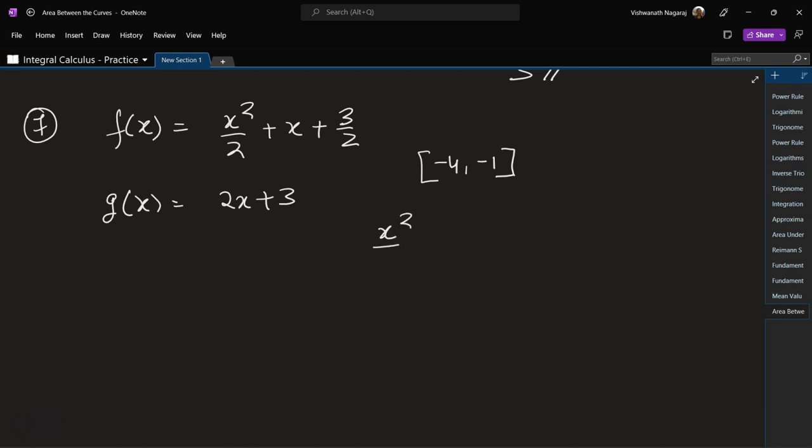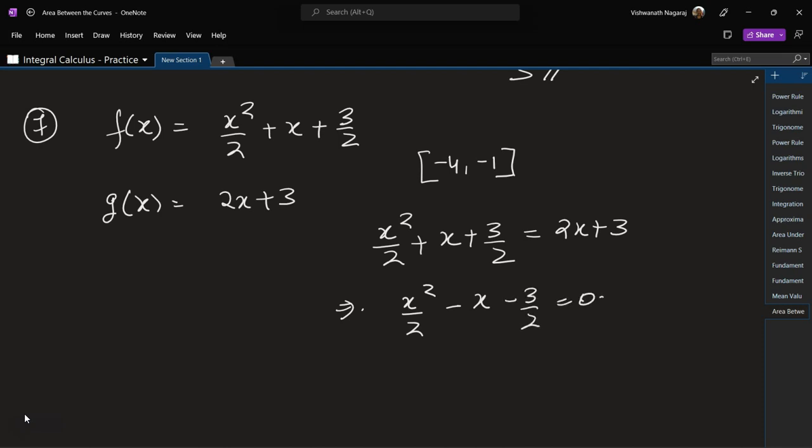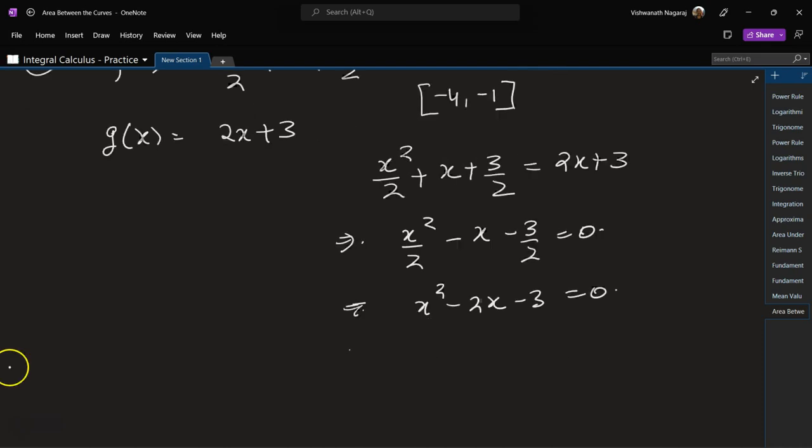So x square by 2 plus x plus 3 by 2 is equal to 2x plus 3. Okay, so x square by 2 plus x minus 2x is going to be minus x plus 3 by 2 minus 3 is going to be minus 3 by 2 equal to 0.